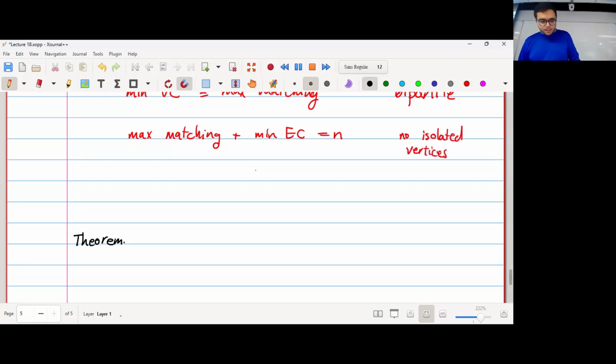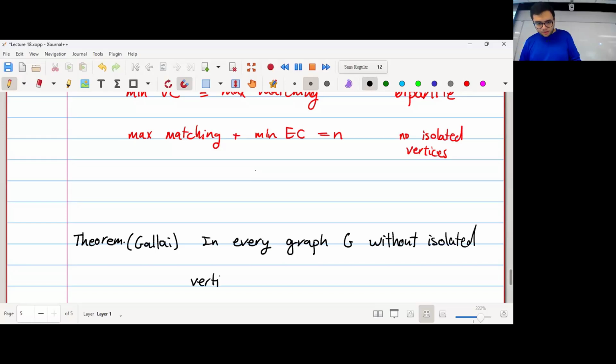So the theorem of Gallai is that in every graph G with no isolated vertices, the size of the maximum matching plus the size of the minimum edge cover is equal to n.